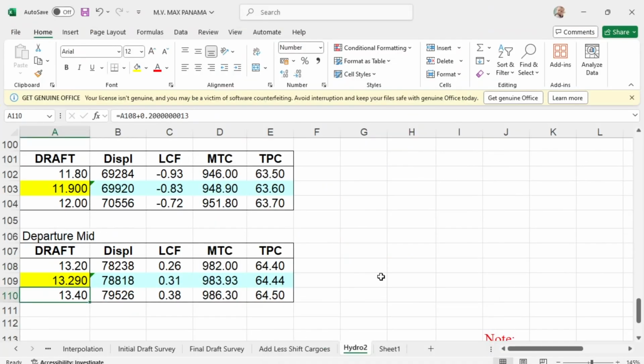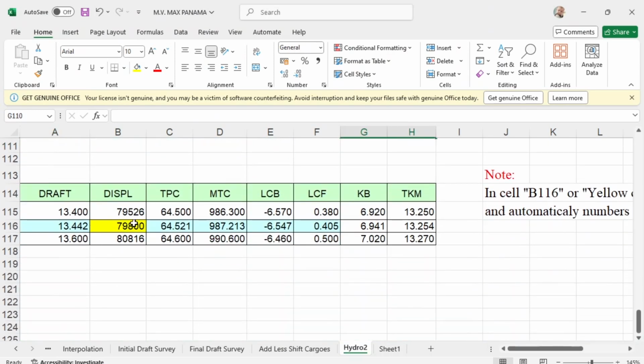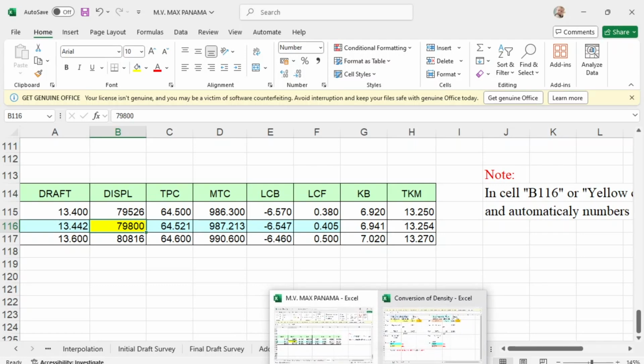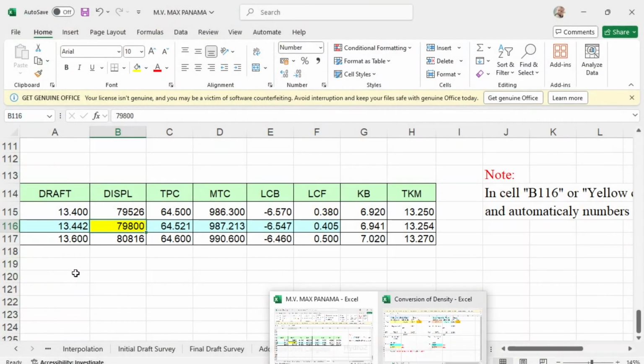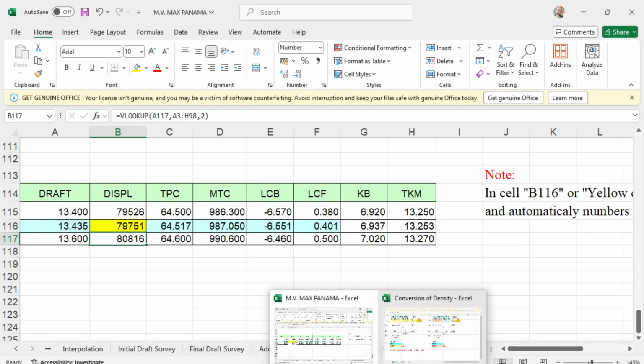How much? 79751. This corresponding draft is 13.435. So we put here 13.435.